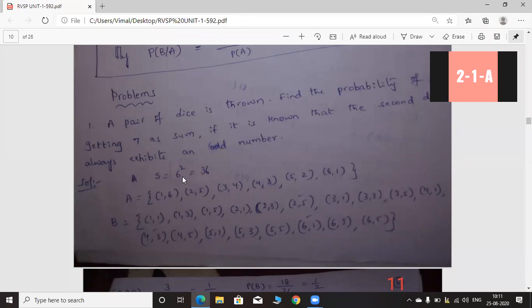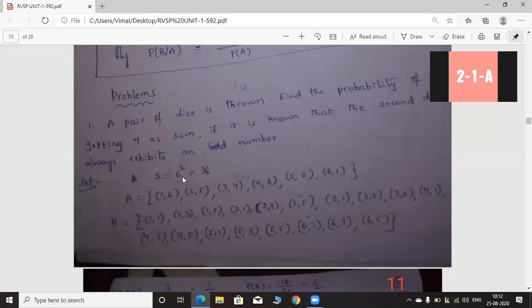How many possible outcomes do we have? If you throw a single die, you have 6 possible outcomes because you may get any number from 1 to 6. But here we are throwing 2 dice. So how many possible outcomes do we have? 6 power 2, because we are throwing 2 dice.